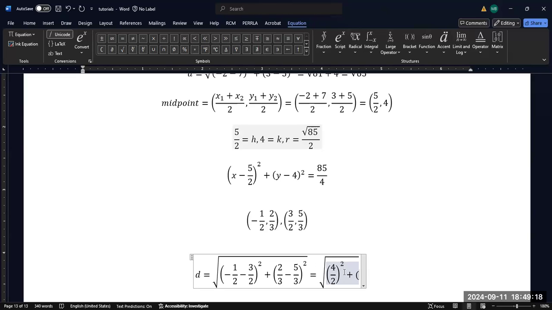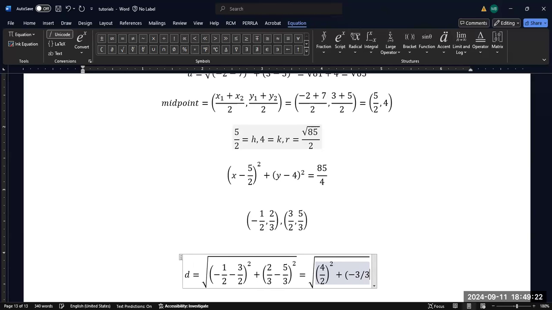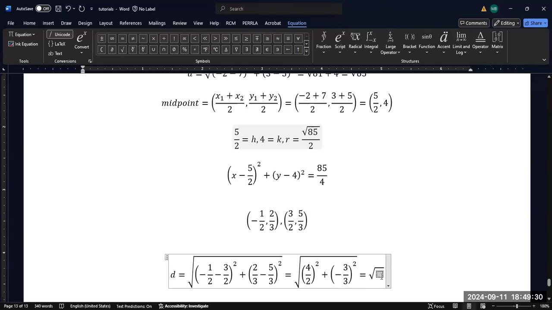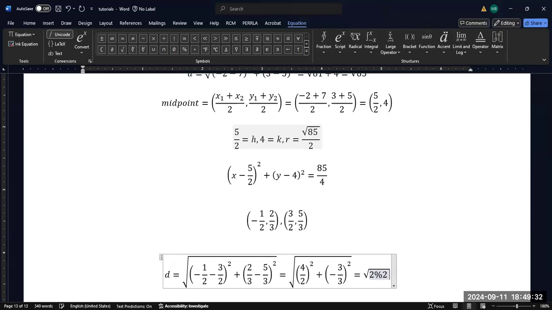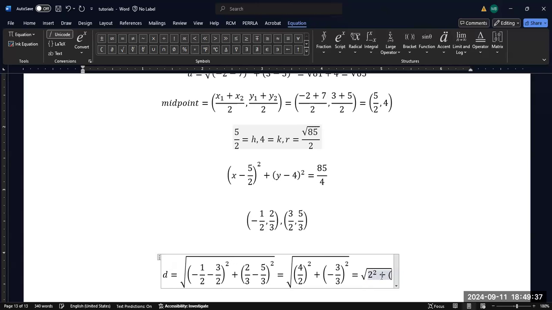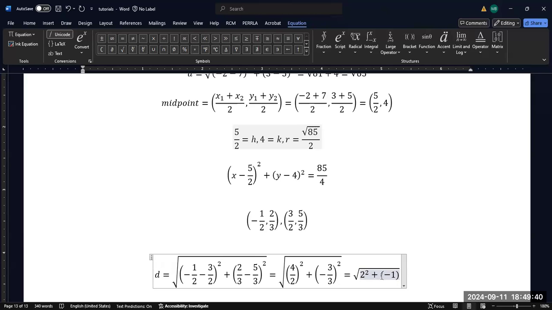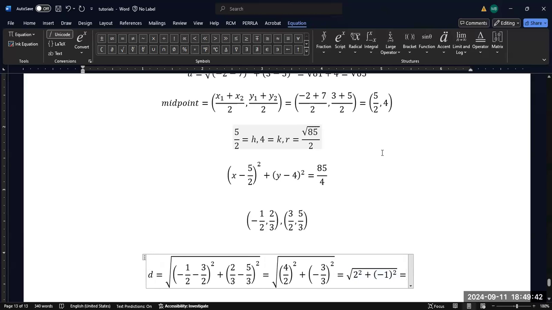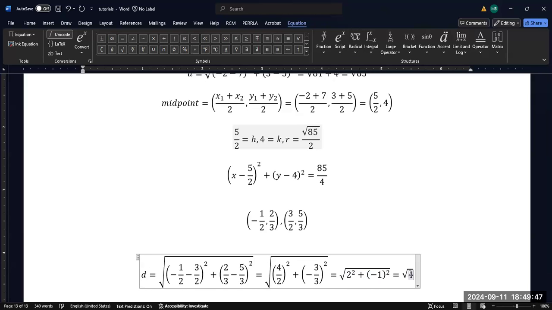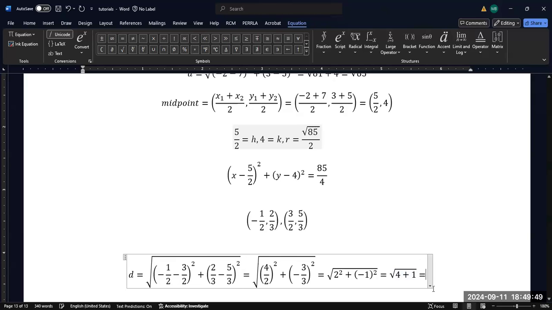And 2/3 minus 5/3, 2 minus 5 is going to give me minus 3 over 3. And in this particular case, I can actually simplify. 4 over 2 is 2. And 3 over 3 is 1. Now remember, when you square, everything becomes positive. So this will be 4 plus 1, which is going to be the square root of 5.